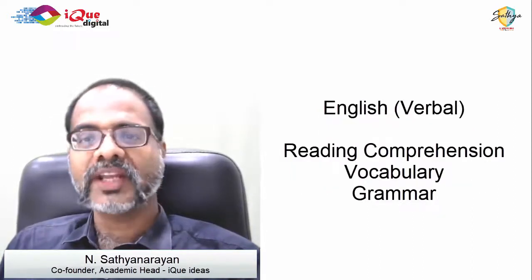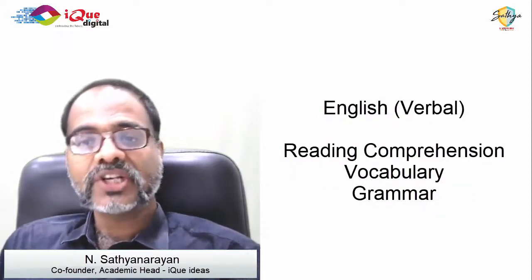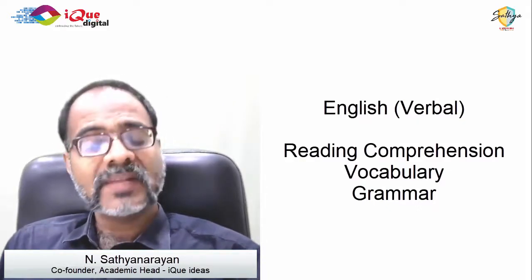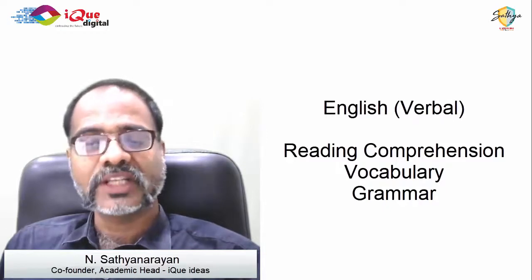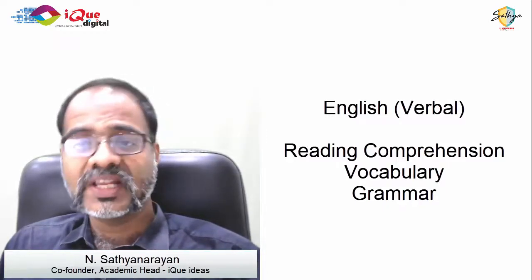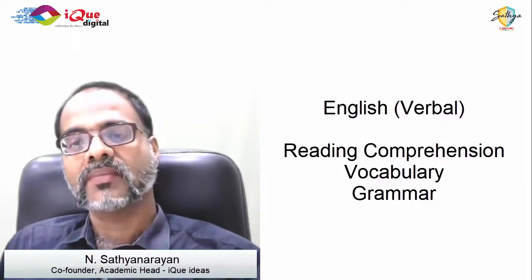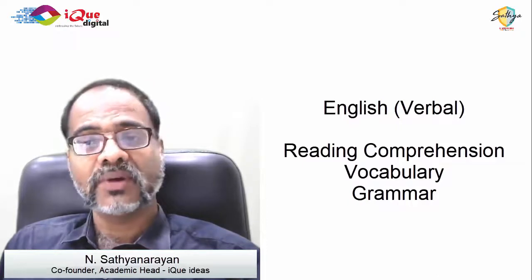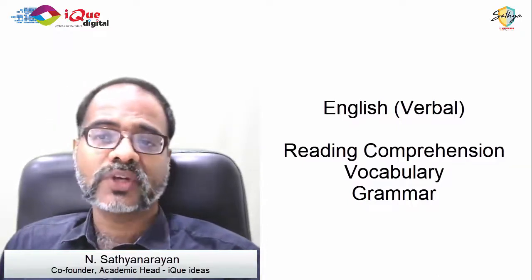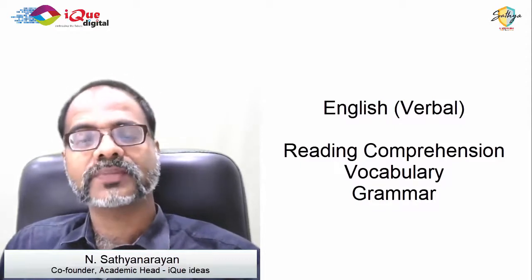When we talk about English, the major type of questions would be those of reading comprehension, basic vocabulary which could include synonyms, antonyms, word spellings, correct usage of words, idioms and phrases, fill in the blanks or cloze test, and so on. You could have questions based on grammar like sentence correction and error spotting. And you could have questions of jumbled passages.